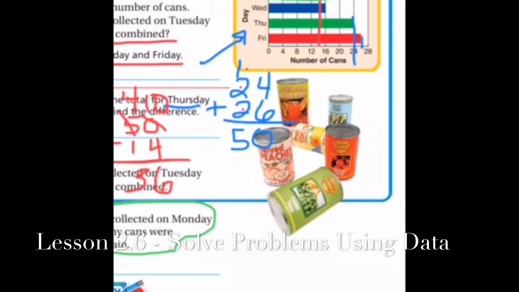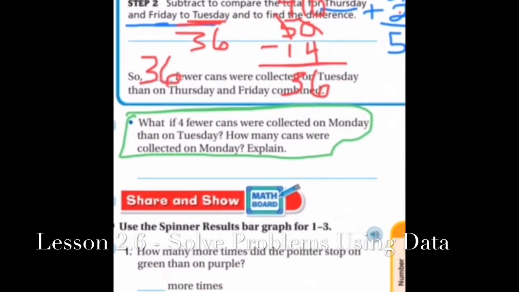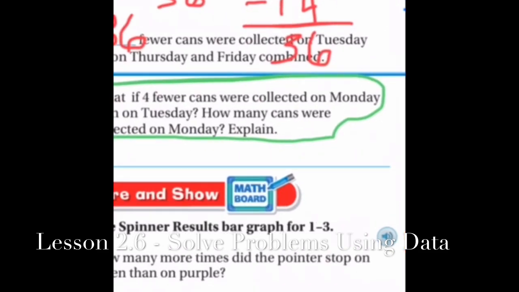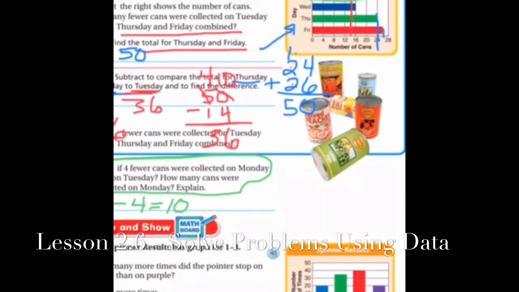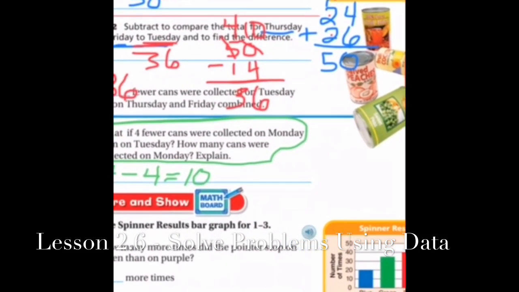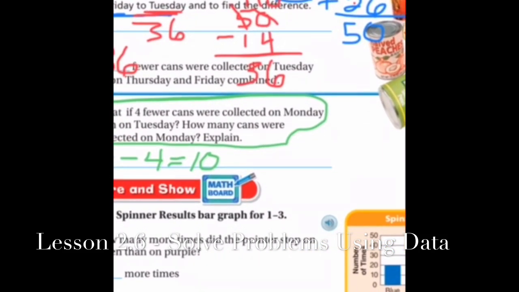Here's Tuesday. Tuesday was 14. And 4 fewer cans would be 14 minus 4. That would be 10. So if we had a Monday, which they don't up there, that's why we're doing a what if question, there would be 10 cans on Monday.